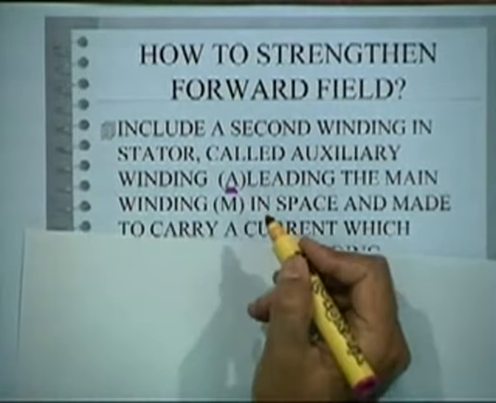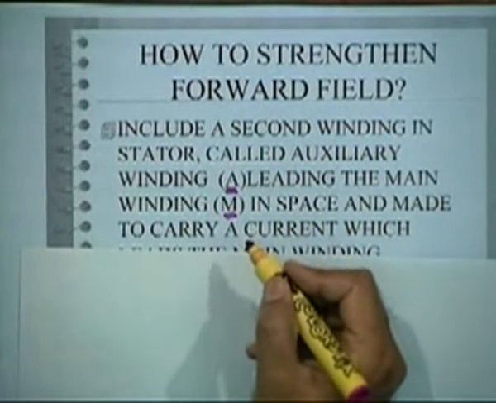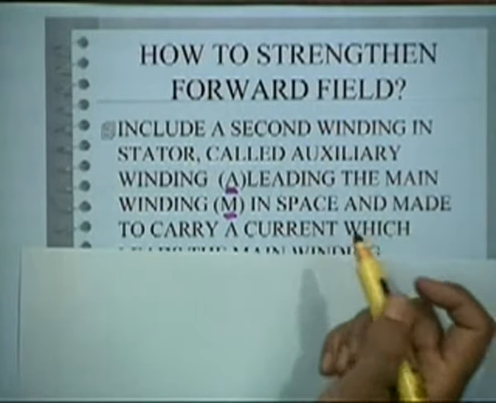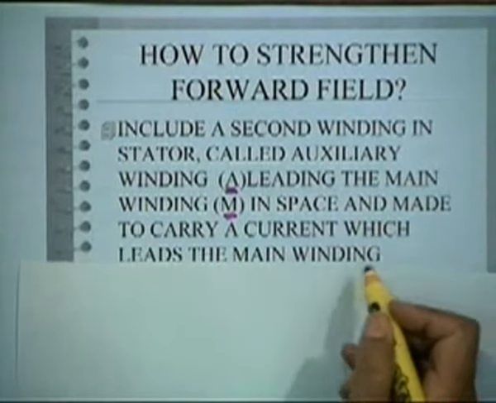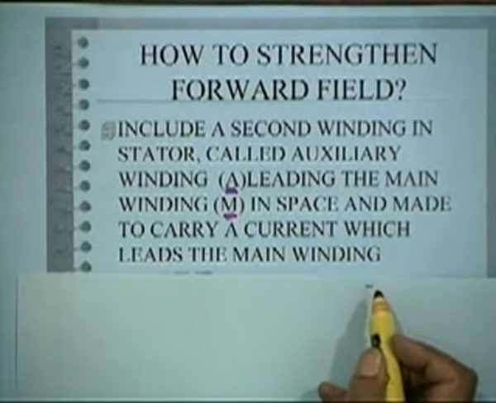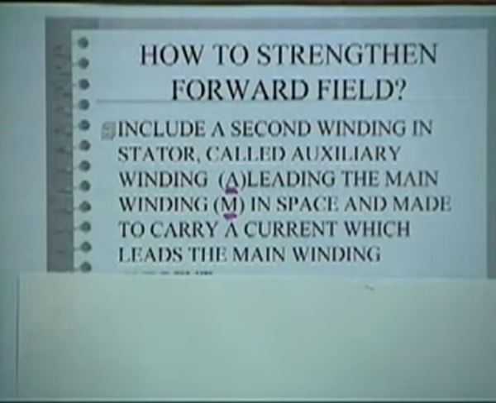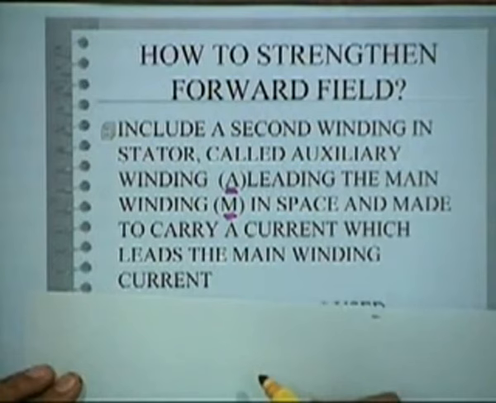You have put one more winding which is leading the main winding in space, and let it carry a current which also leads the main winding. So you have a second winding which is leading in space, which will carry a current leading in time with reference to the main winding. So you have created a forward field. Okay. Therefore, this is the condition that we will create.